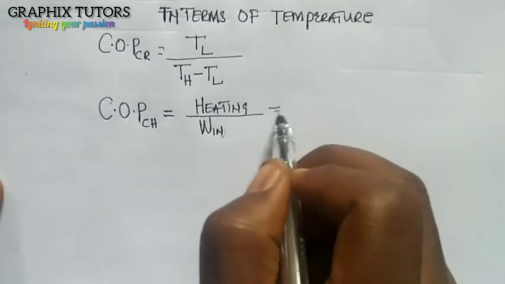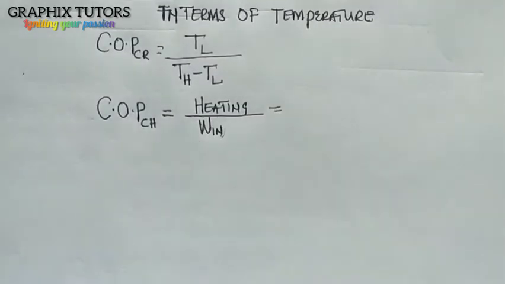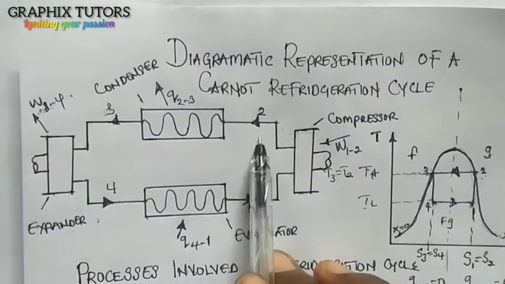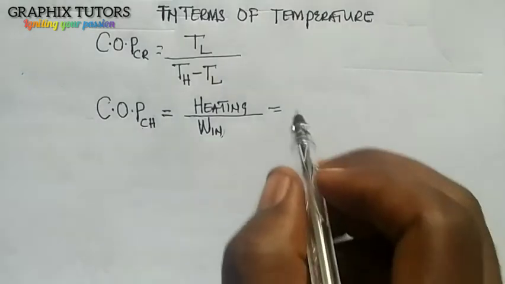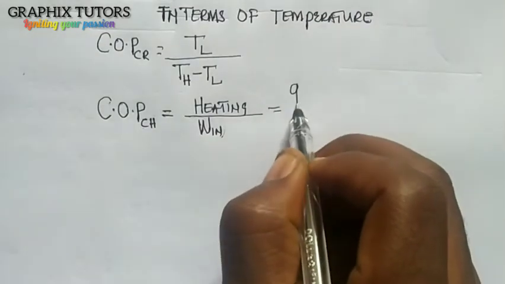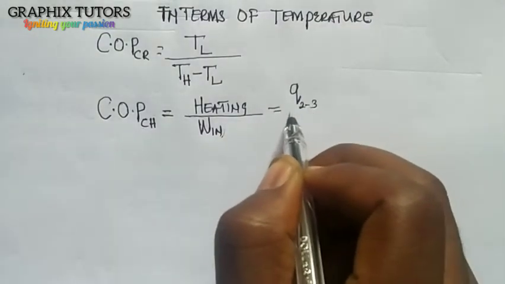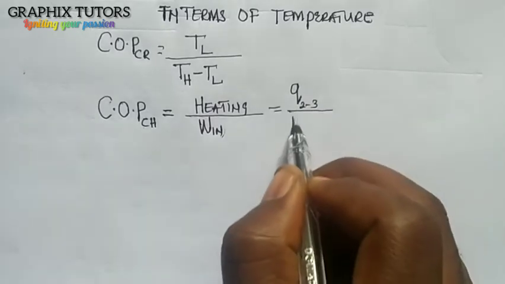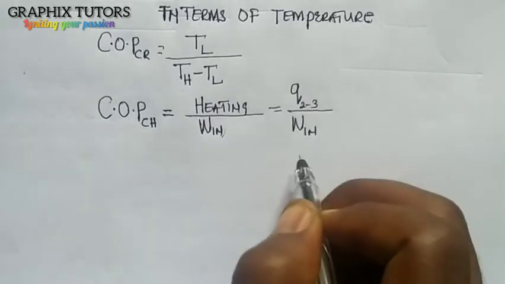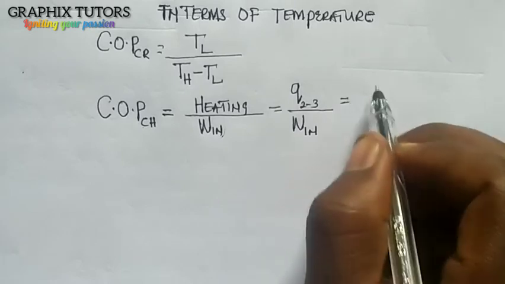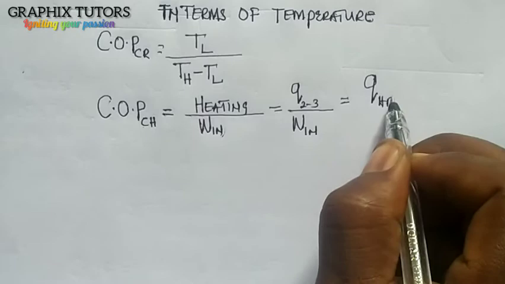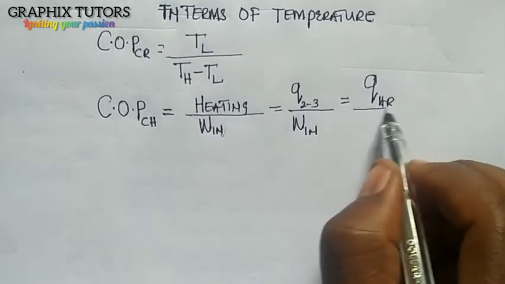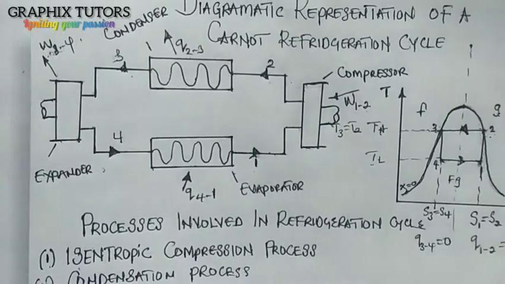Now, as the heating happens at the condenser from 2 to 3, right? So I'm going to put Q 2 to 3 all over my work in, or I'm going to put the heat rejected, Q is for heat, because at the condenser there's always heat rejected.